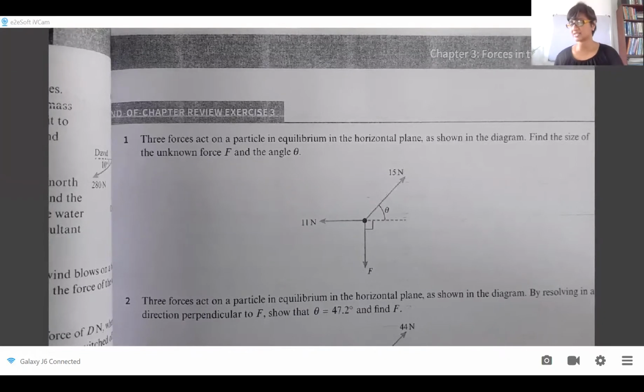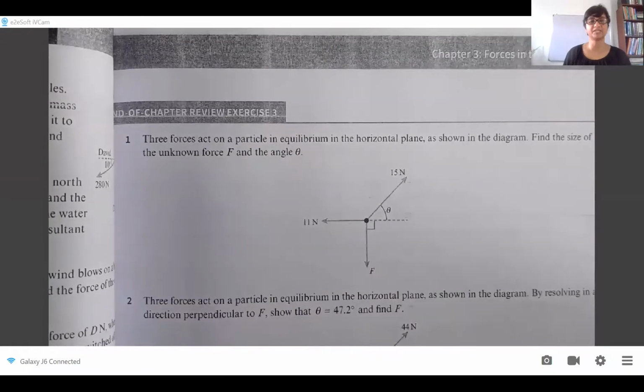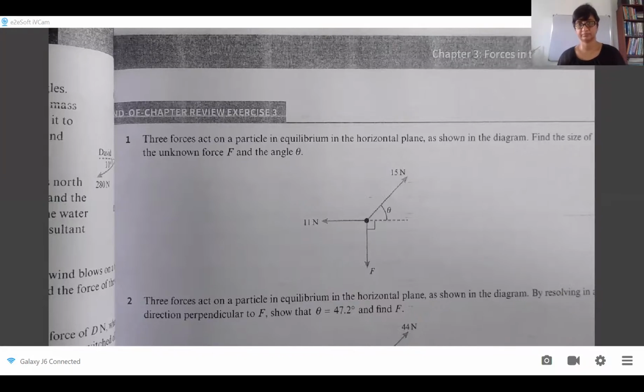It's Review exercise 3. Find theta and f and tell me what you get.